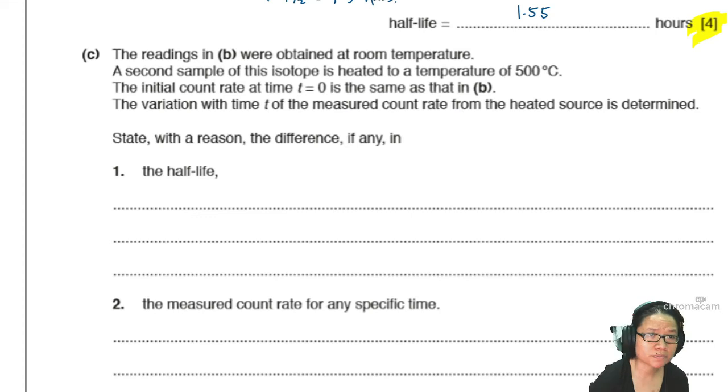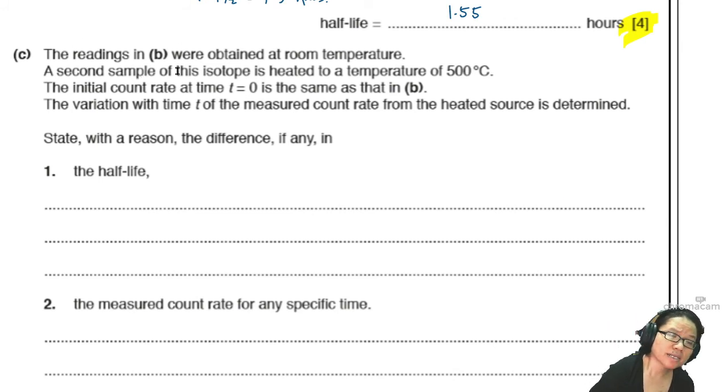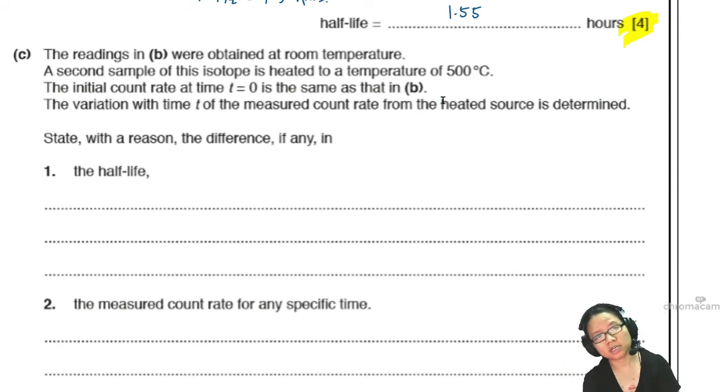Okay, part C. The recordings in B are obtained at room temperature. Okay, very nice. We got this reading on room temperature. The second sample of this isotope is heated to 500 degrees Celsius. Okay, we increase the temperature of the sample. Initial count rate at t equal to 0 is same as B. So that means we have the same sample.